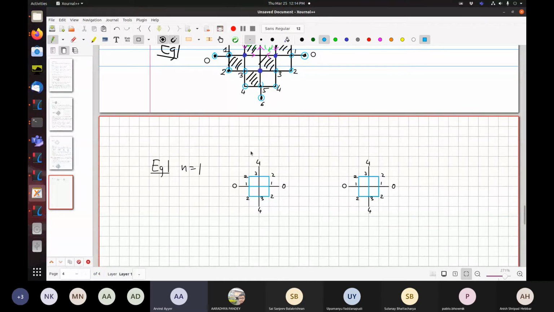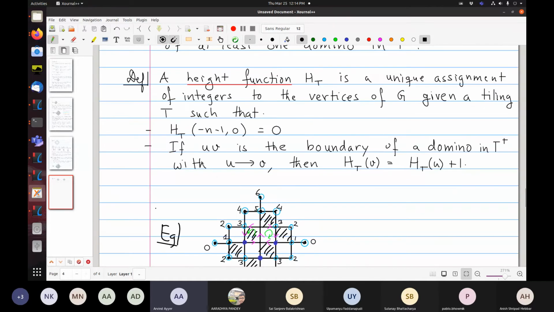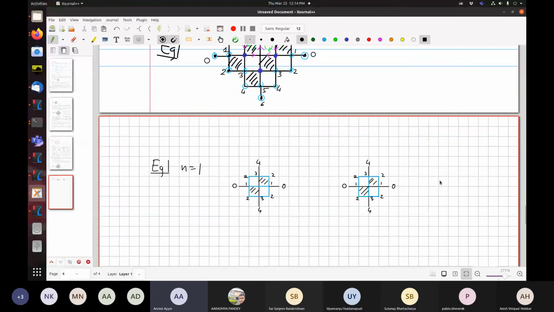And now remember what our rule is. What is the statement? If UV is the boundary of a domino with U going to V, then the height of V is 1 more than the height of U.